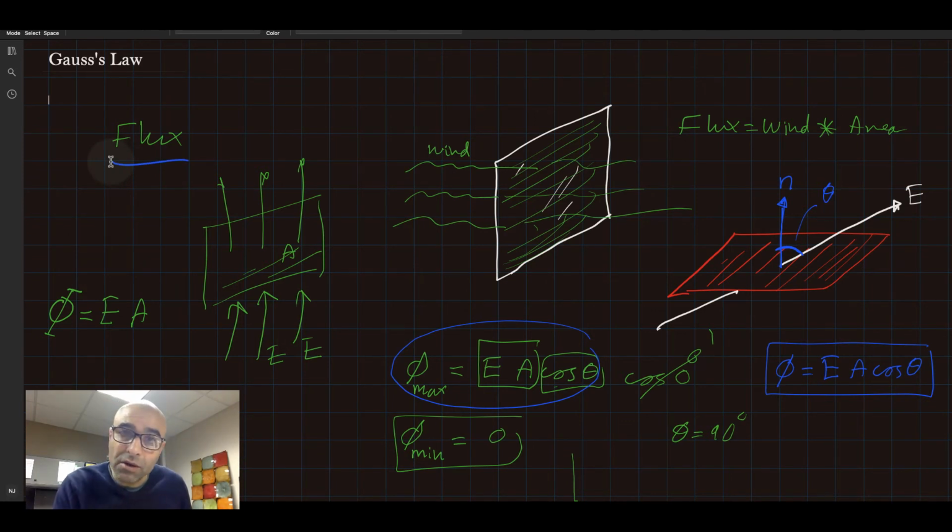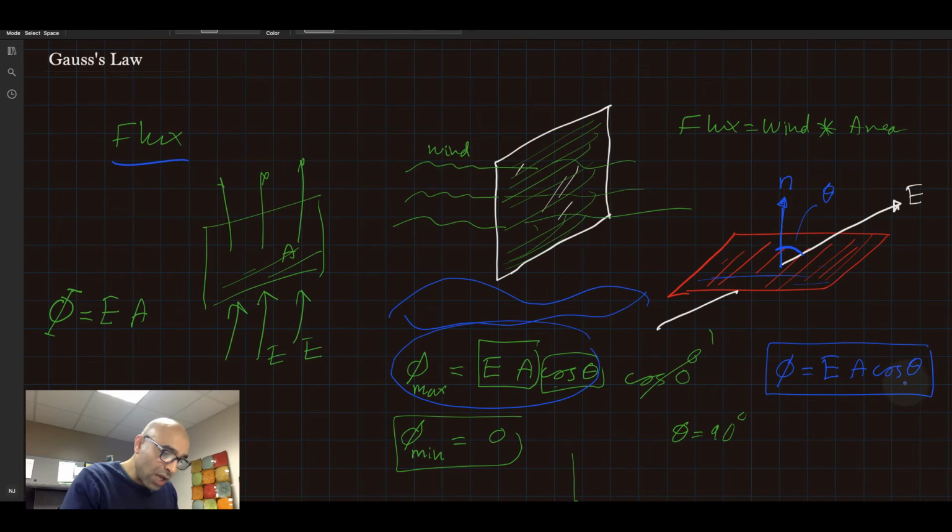However, in Gauss's law, we may not have a nice surface like this one. Surfaces in Gauss's law could be any kind of surface. We have to be smart about our choices of surfaces, because theta will change. If theta will change, then we have to divide this surface into tiny little surfaces. We can call each one of them A sub i.